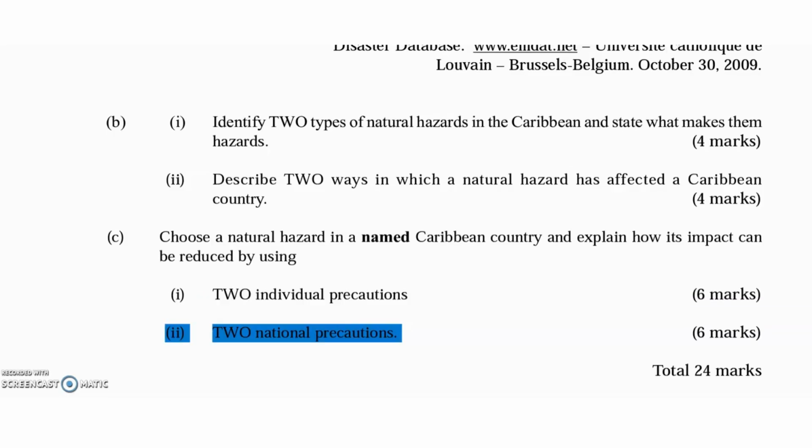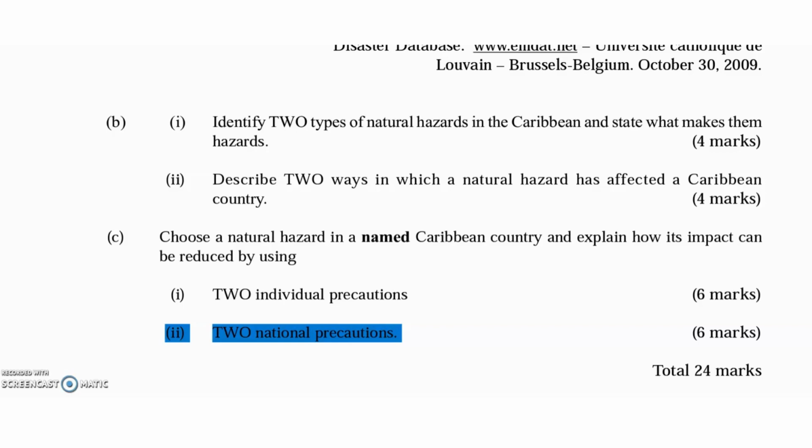All right. So, with respect to two national precautions that should be taken as it relates to hurricanes in Trinidad. One is the very significant dissemination of information as it relates to the approaching hurricane. Because what we know about hurricanes is that they can be determined, they can be observed via satellite imagery. So these updates can be provided to the persons, especially those who are the most at risk.